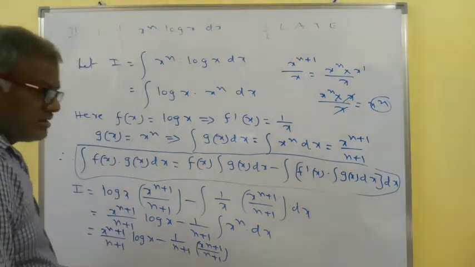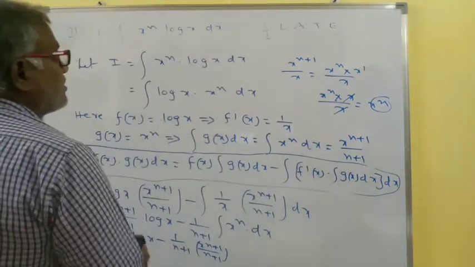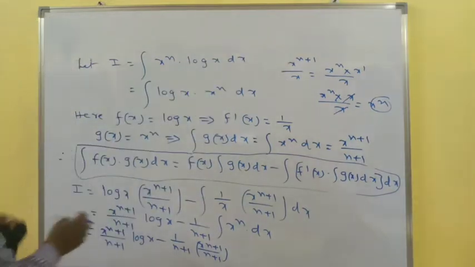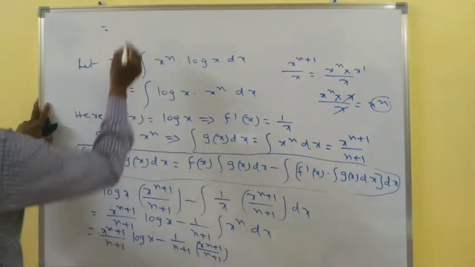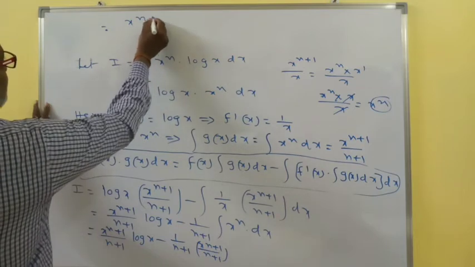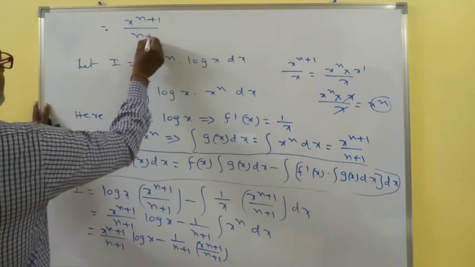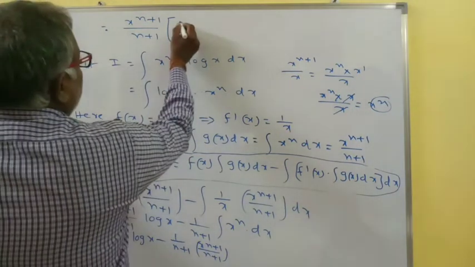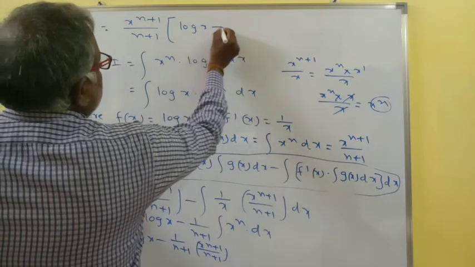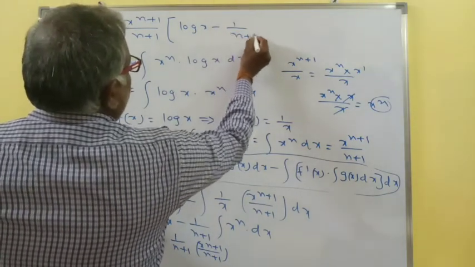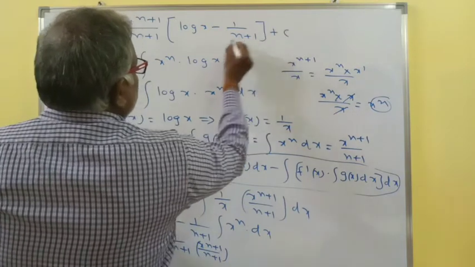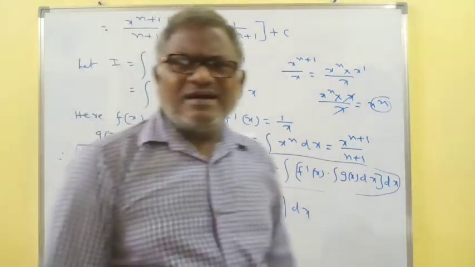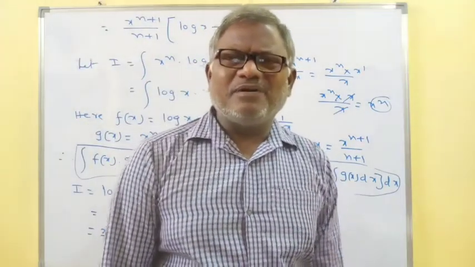Finally, we take x power n plus 1 by n plus 1 as the common factor in both. So finally we obtain log x minus 1 by n plus 1, plus c. This is the final result for the given problem.